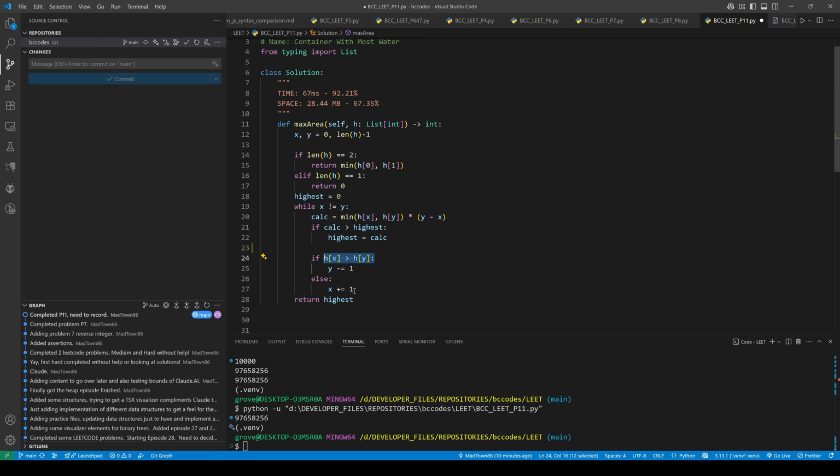As they get closer together, you might find there's an immensely tall wall that overpowers or overshadows the other areas calculated. But this is a way to calculate it outwards towards the center of the array, and is the fastest way to solve this problem.